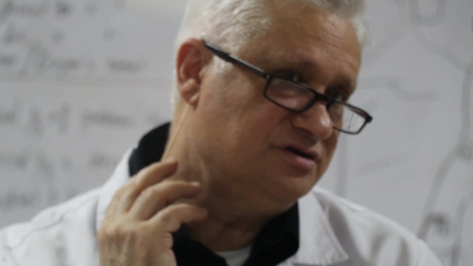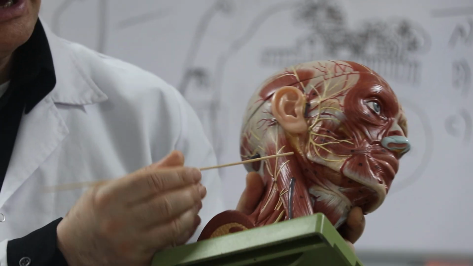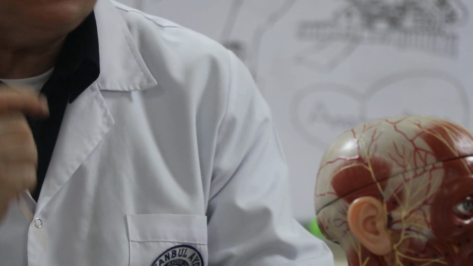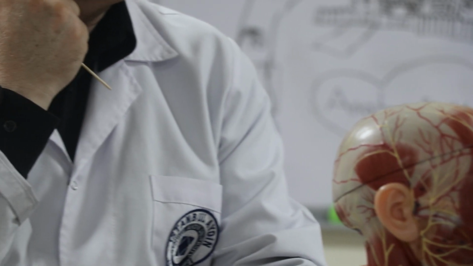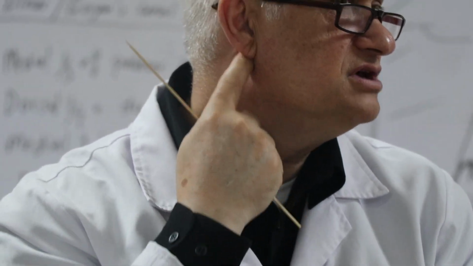And then it exits the skull through the stylomastoid foramen. It's right about here. We have the styloid process and the mastoid process. In between, we have the foramen, referred to as the stylomastoid foramen. The facial nerve comes out from here.